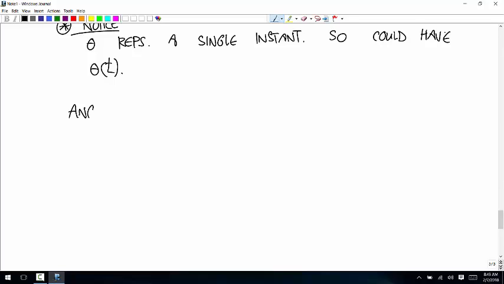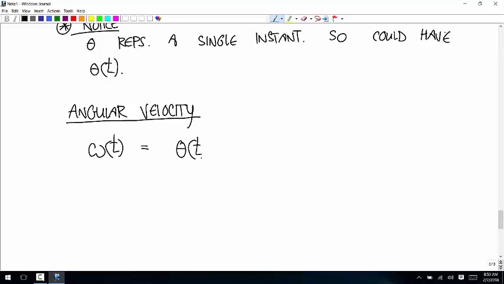So angular velocity omega as a function of time is just equal to the time derivative of theta as a function of time.